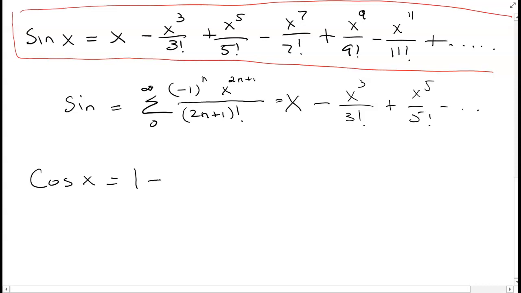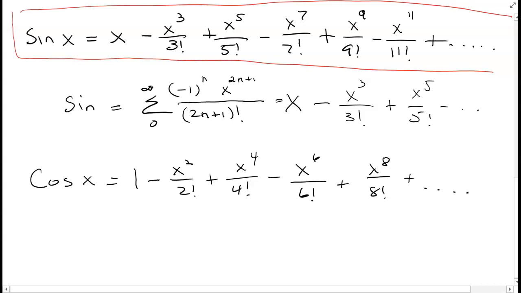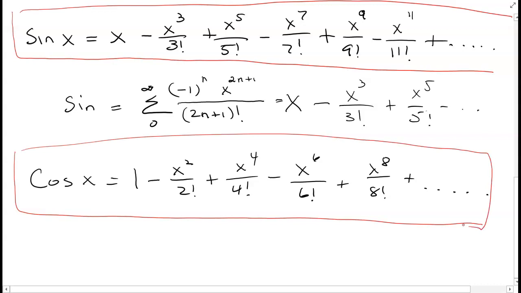And instead of minus x cubed, you have minus x squared over 2 factorial, which of course is 2, plus x to the 4th over 4 factorial, minus x to the 6th over 6 factorial, plus x to the 8th over 8 factorial, and so on. And that does make cosine an even function, where sine is an odd function.